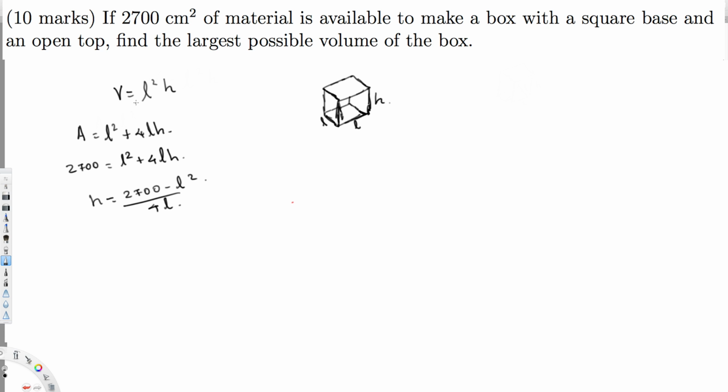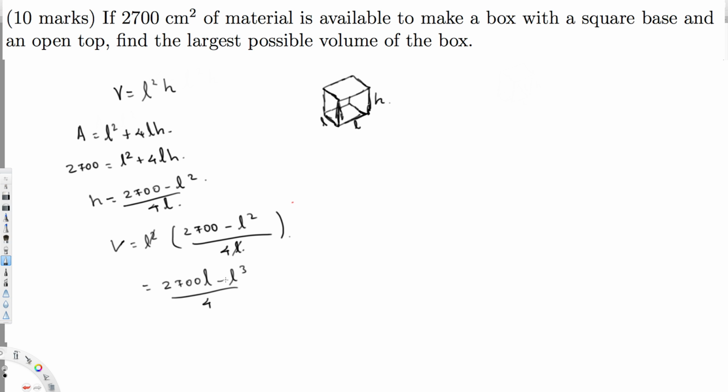So V is going to be equal to L squared times (2700 minus L squared) over 4L. If I multiply this out, I can get rid of the square, because this L and this L cancel each other. Then I will get (2700L minus L cubed) over 4.